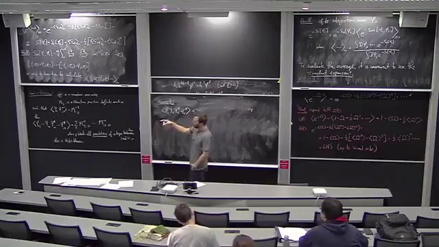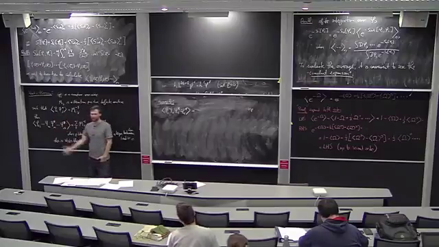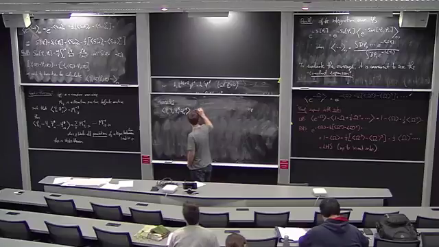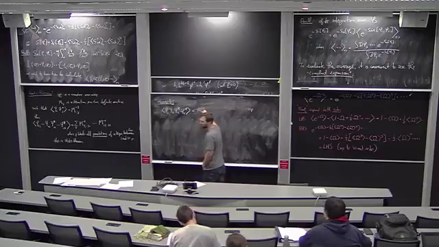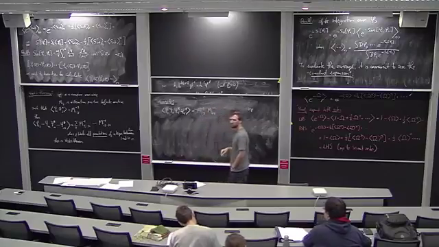So it's a sum of all products of this matrix or this 2-point function. So for example, this is one permutation, 1, 3, 2, 4.